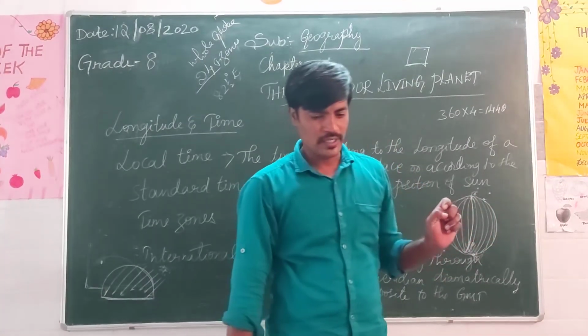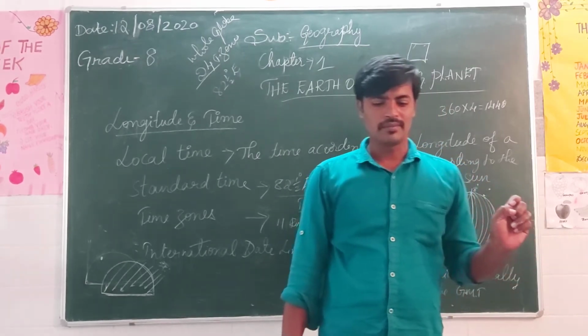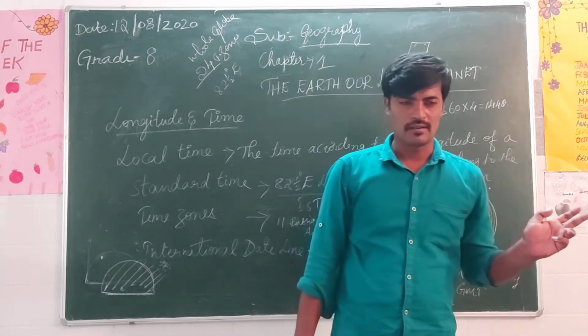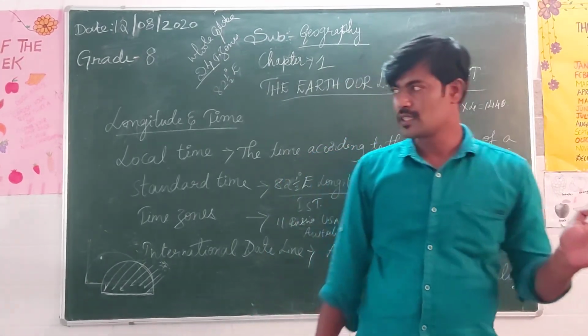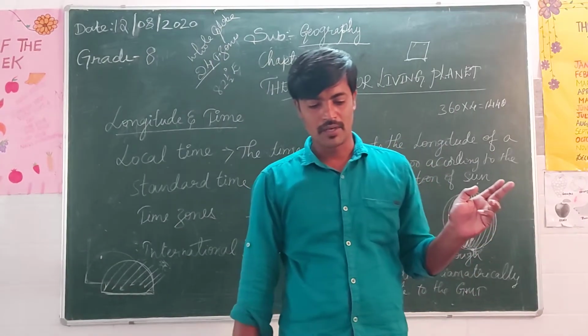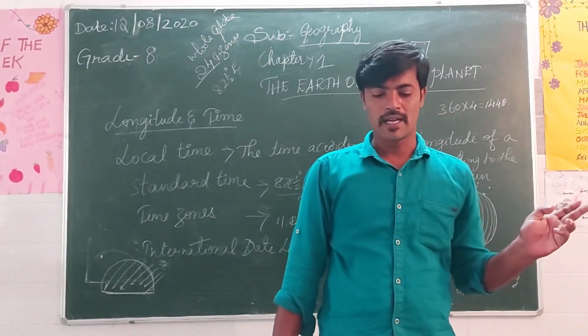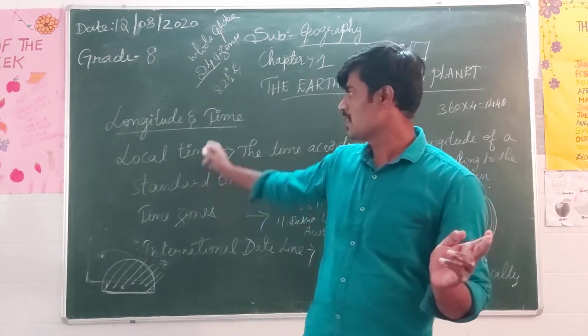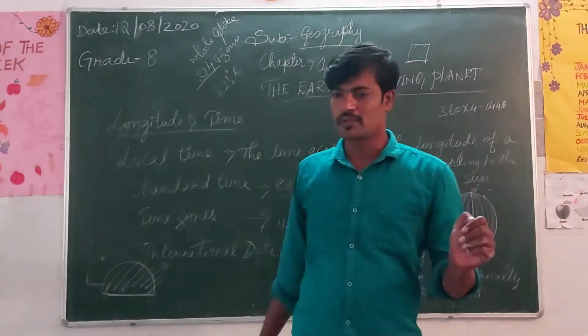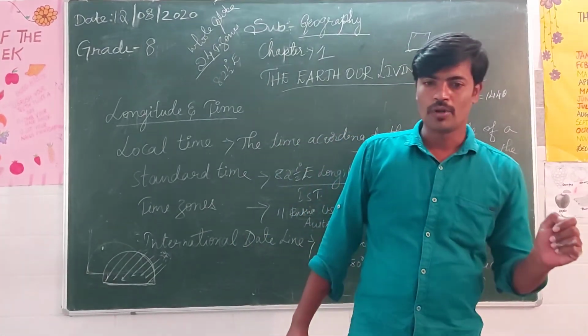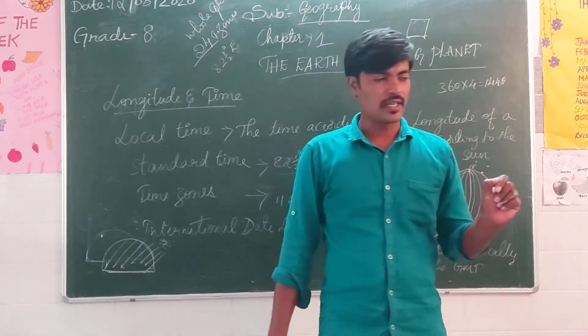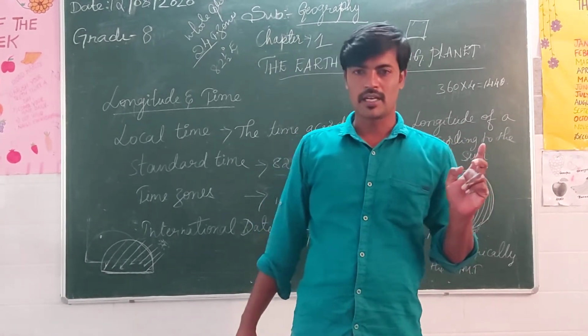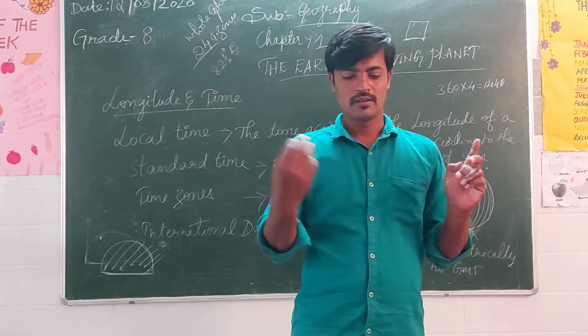You know that there is a definite relationship between longitude and time. The Earth is rotating on its own axis, and it takes a total of 24 hours to complete one rotation.